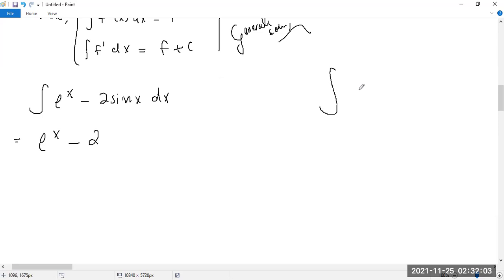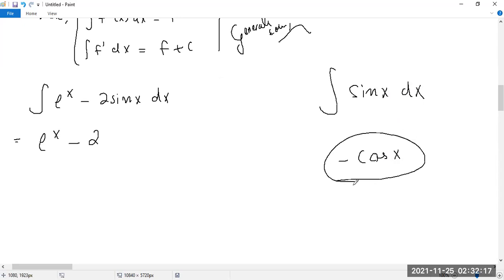If you're taking the integral of sine of x, you're looking for a function whose derivative you can take such that you get sine of x back. And the answer would be negative cosine of x, I believe, because the derivative of cosine is negative sine. So you'd have negative negative sine of x, which would be sine of x.